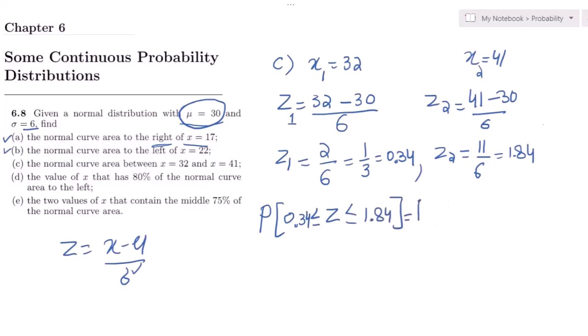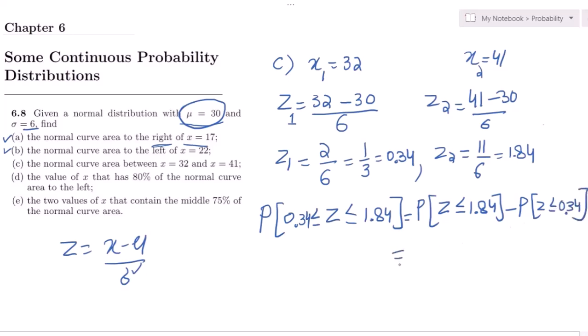We know that it is the probability that z is less than or equal to 1.84 minus the probability that z is less than or equal to 0.34. We find these two values by using the z distribution table. This is basically z2, this is basically z1, and let me consult our table for 1.84 and 0.34.